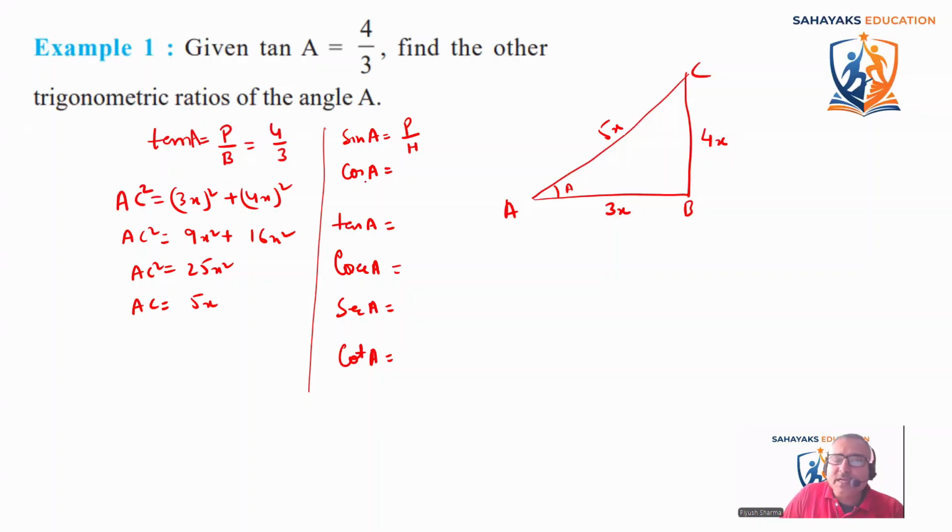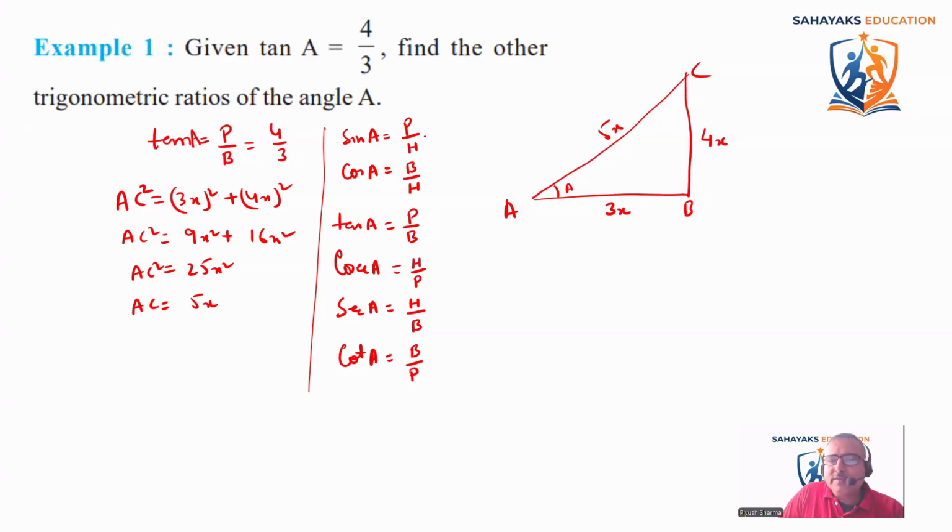Please remember this part now. Cos A is base divided by hypotenuse. Tan A is equal to perpendicular divided by base. Cosec A is the opposite, it is h by p. Sec A is the opposite of cos A, that is h by b. And cot A will be b by p.